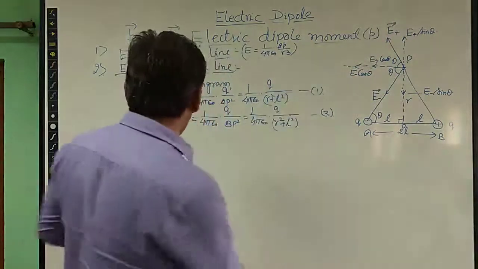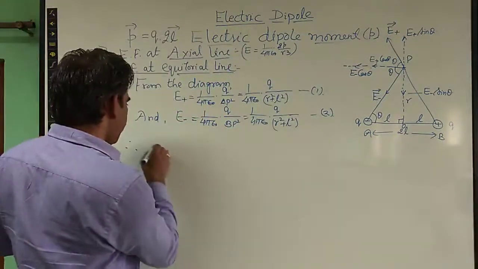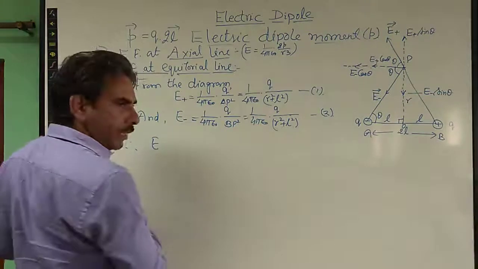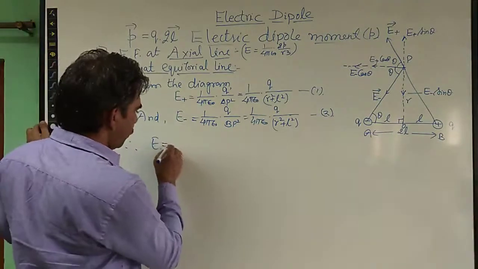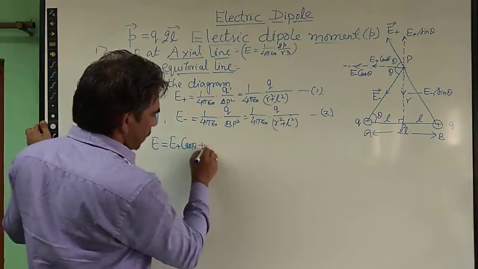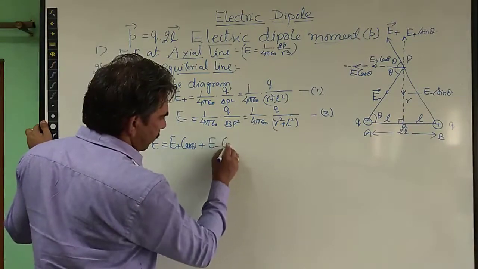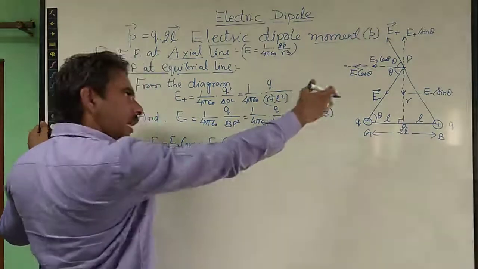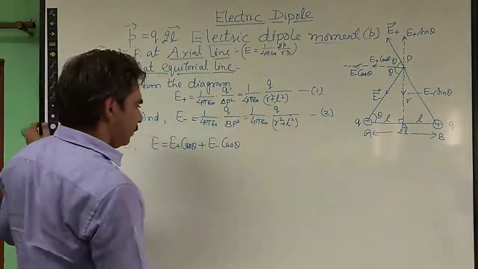So from this information we can say that the net electric field, which we can write as E, is equal to E positive cos theta plus E negative cos theta, because they are directed along the same direction.